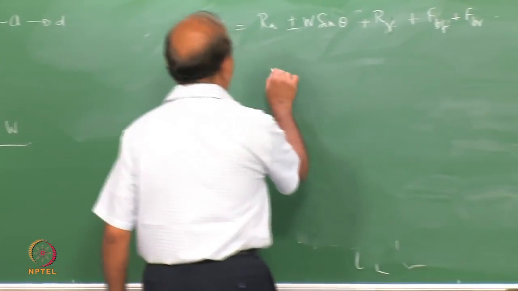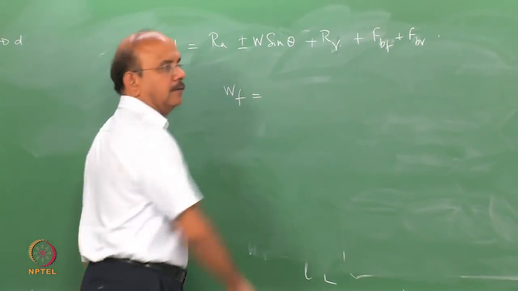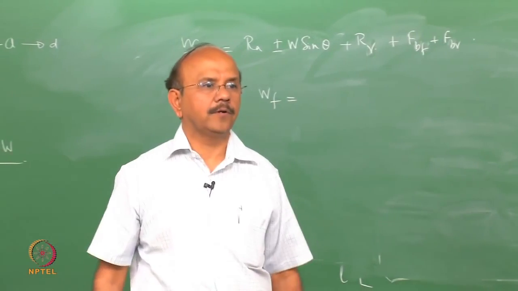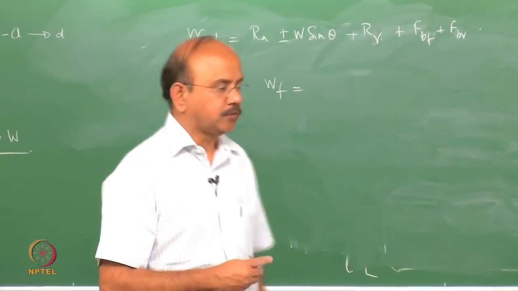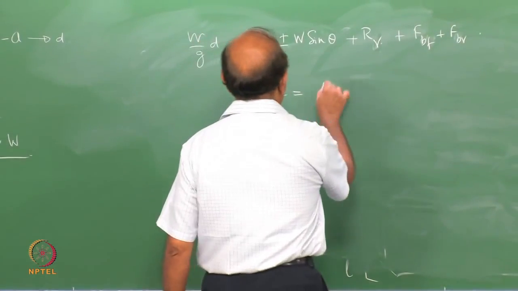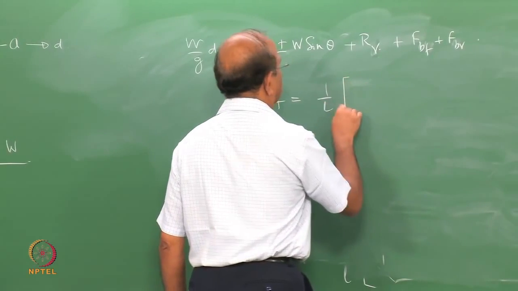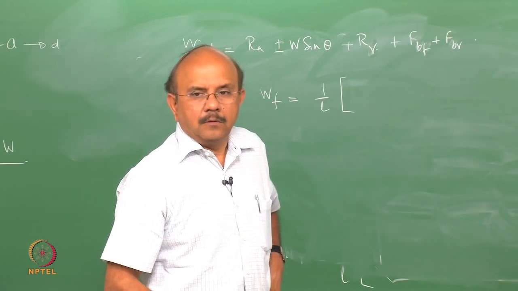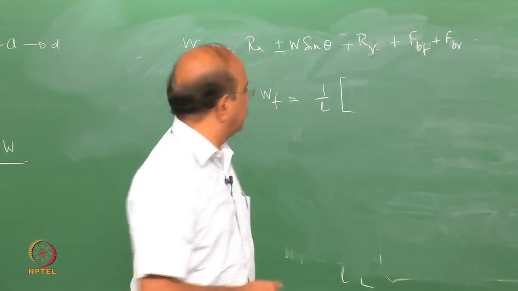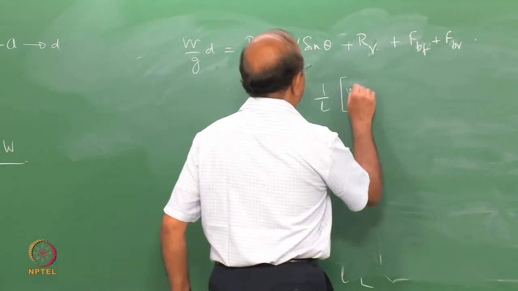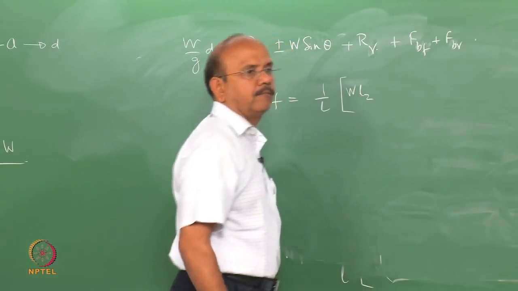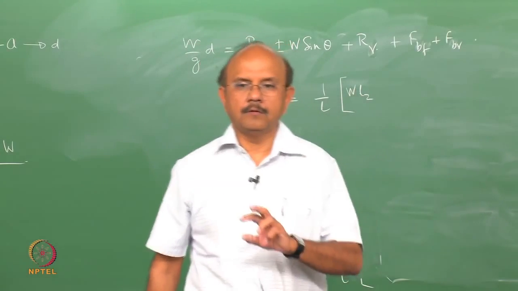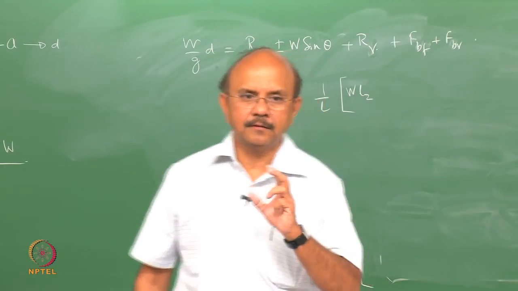So I will only write the final result for Wf. This will be 1 by L into W into L2, plus H into FB.